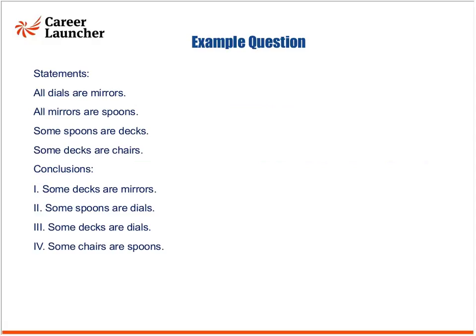So say here we have 4 statements. All dials are mirrors. All mirrors are spoons. Some spoons are decks. Some decks are chairs. So let's start with, say, all dials are mirrors.